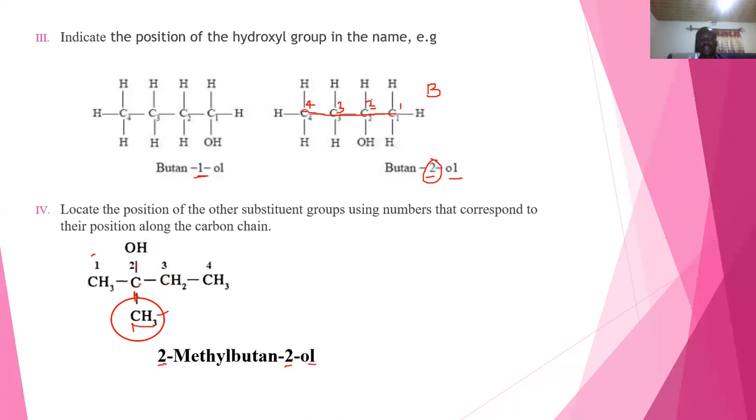So it is 2-methylbutan-2-ol. When naming, you begin with the position of the branch, then you go to the parent name, then the position of the hydroxyl. Then you finish with the ol.